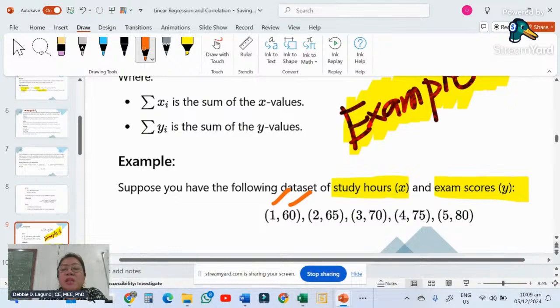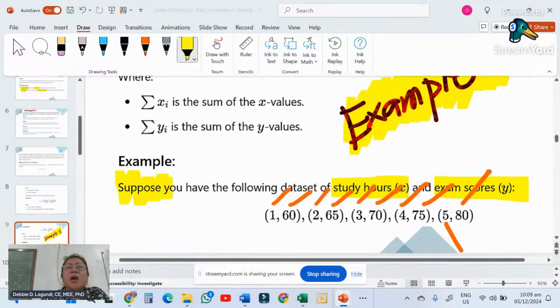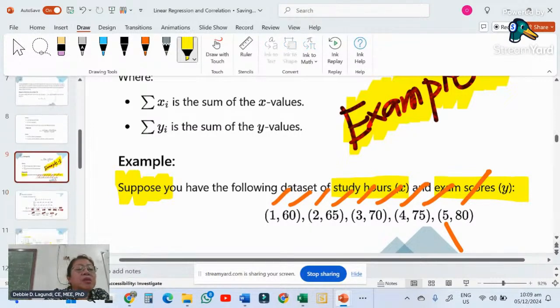If I study 2 hours, my exam score becomes 65. If I study 3 hours, my exam score is 70. If I study 4 hours, my exam score is 75. If I study 5 hours, my exam score is 80. So this is just an assumption. Now we have to prove this through a linear regression.